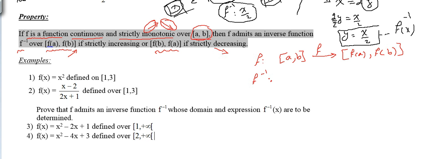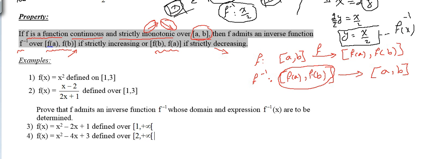The inverse function will go from f of A to f of B, because the range will be the domain, and the domain will be the range. Okay, this is true if the function is strictly increasing, and instead we put f of B, f of A if the function is strictly decreasing.